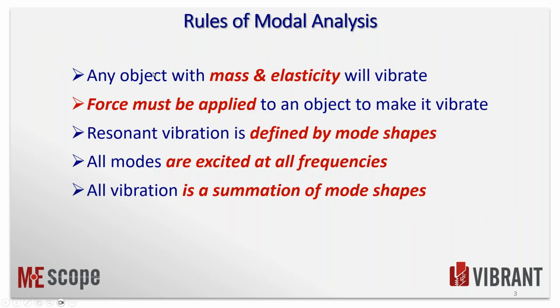Okay, so here's some rules of modal analysis. Any object with mass and elasticity will vibrate. However, forces must be applied to cause it to vibrate, and many times we don't know where the forces are coming from.